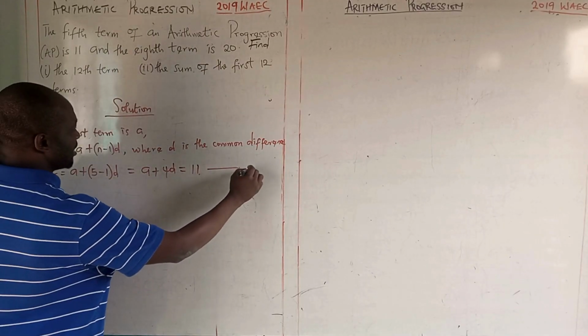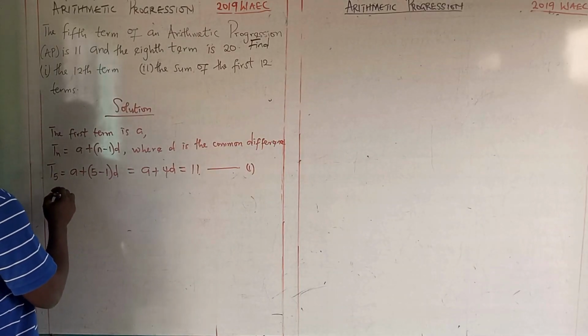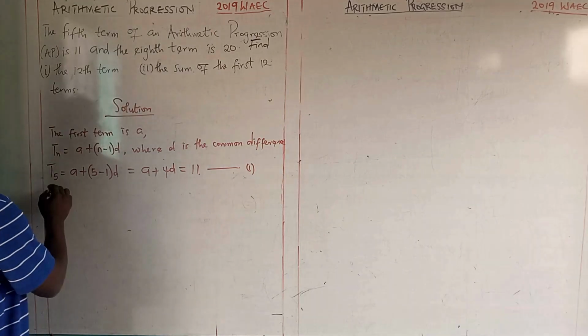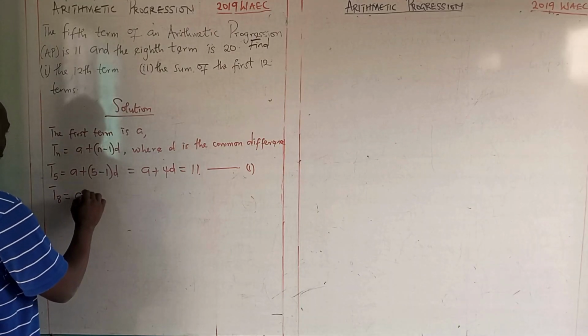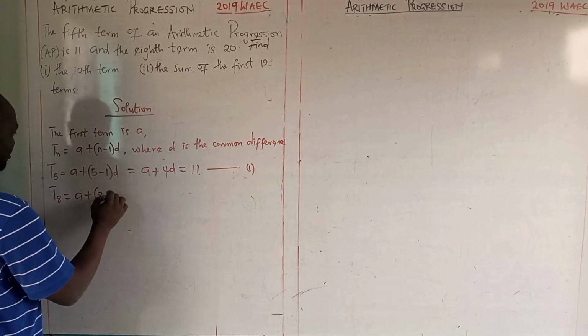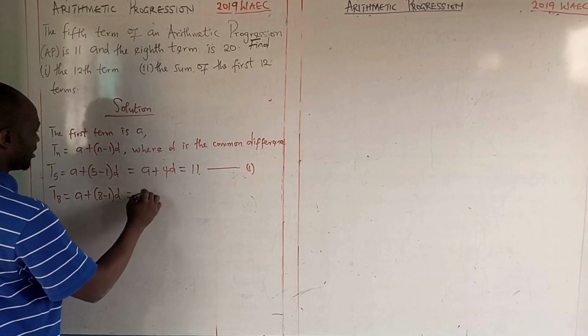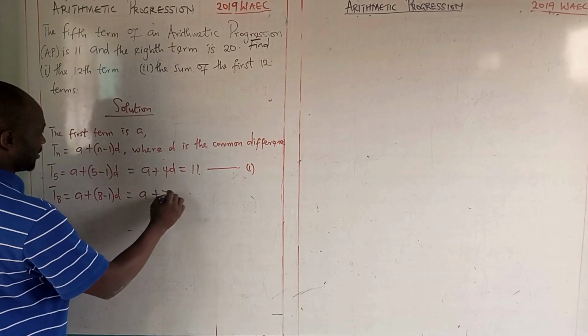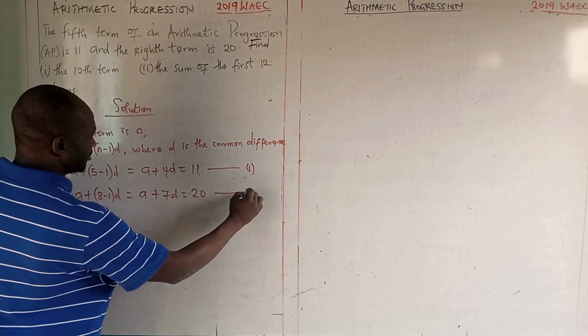So let's take that as equation 1. The eighth term, T8, is what? A plus (8 minus 1)d, which is A plus 7d, and they said that is 20, equation 2.